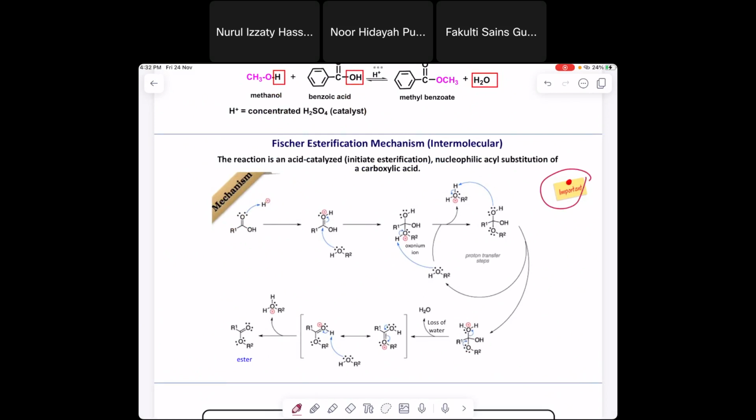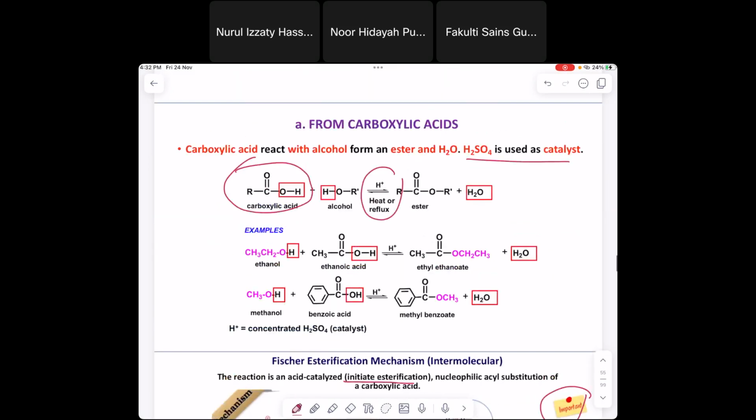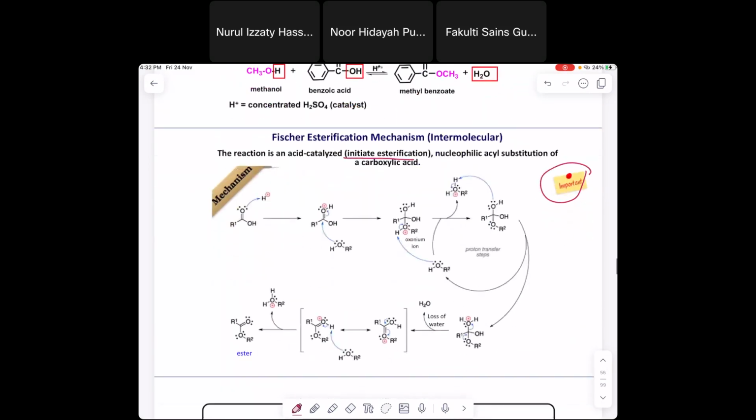Because the carboxylic acid is not that reactive, kita perlu activate kan this acyl group dia kan. Bila kita activate, kita dah tulis dah initiate esterification. So we need the acid to initiate the esterification. Let me check kat sini yang the one that I extract. So this is how the mechanism masuk.